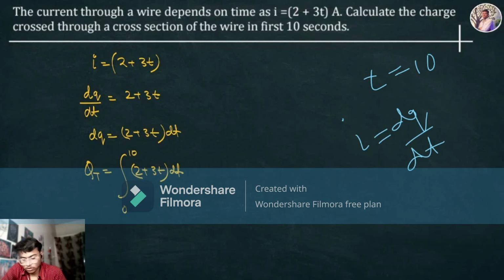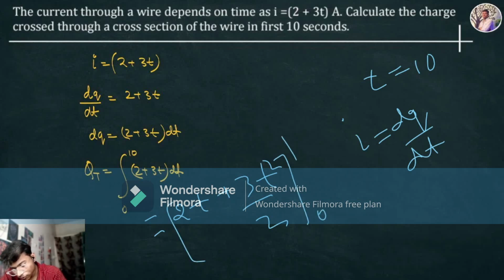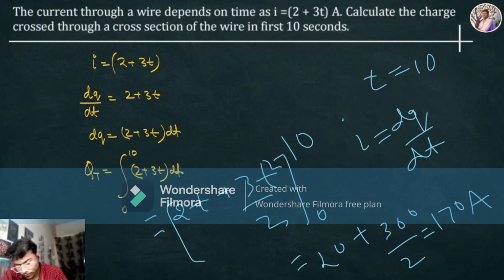So it is the integral of 2 plus 3t dt, which equals 2t plus 3t square by 2, and you put the limits from 0 to 10. If we put 0 it is 0, so we only put 10. So 300 divided by 2, plus 20, it will be 170 coulomb.